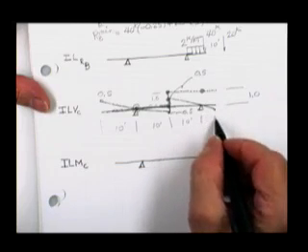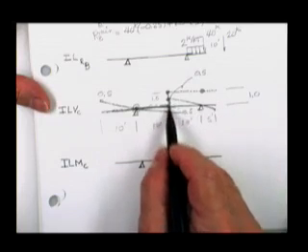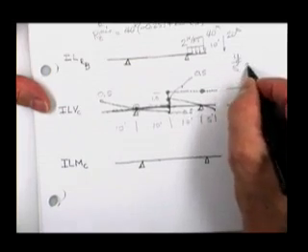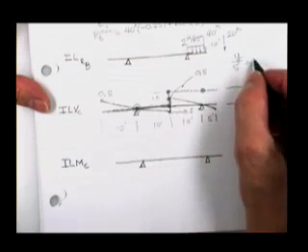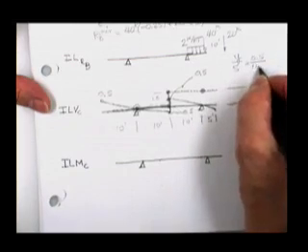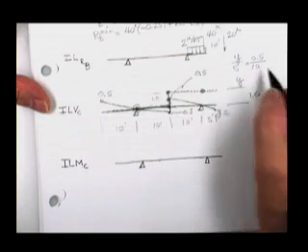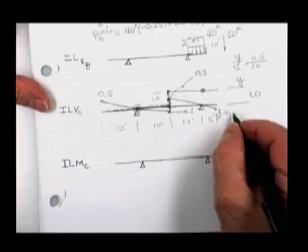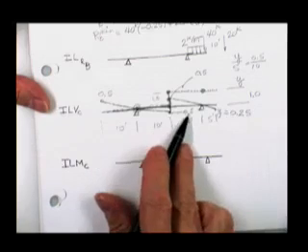Y is to 5 as 0.5 is to 10. Slope is the same. And therefore the height y right here is equal to 5/10 of 0.5. That's a half of 0.5. That's 0.25. And it's a negative number. And this is a negative number.